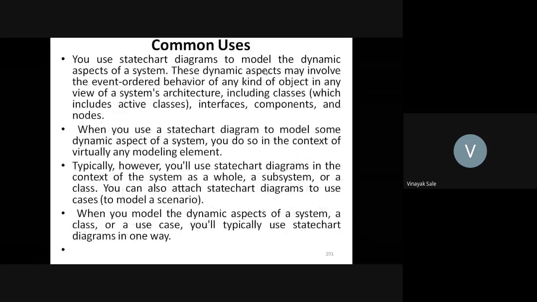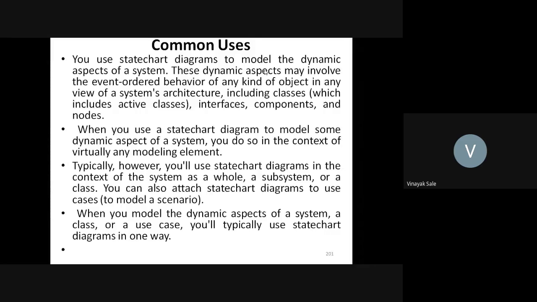So what are the common uses? You use state chart diagrams to model the dynamic aspects of a system. These dynamic aspects may involve the event-ordered behavior of any kind of object in any view of the system's architecture, including classes, active classes, interfaces, components, and nodes.